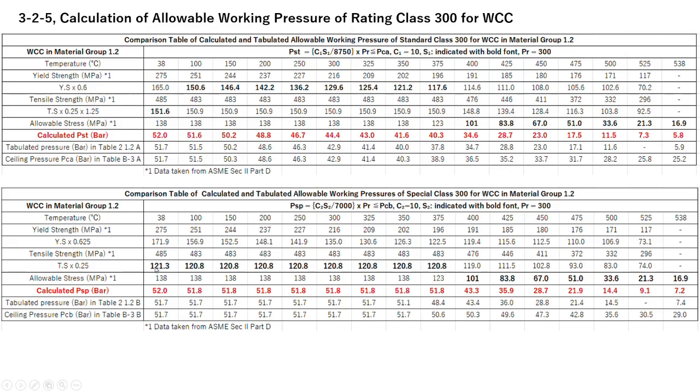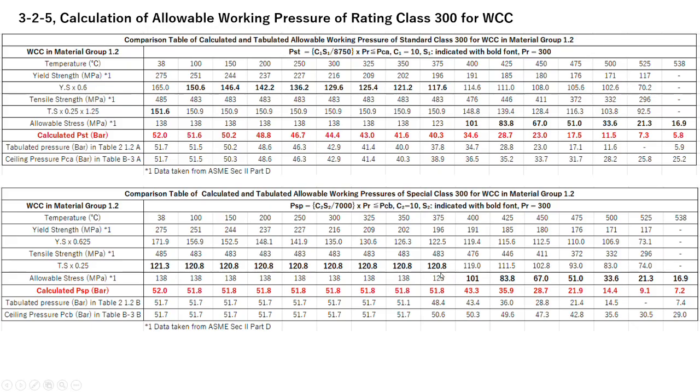So that in case of special class, tensile strength multiply 0.25 is lower value indicated. So assign the S2 selected variable. So indicated with the bold font.